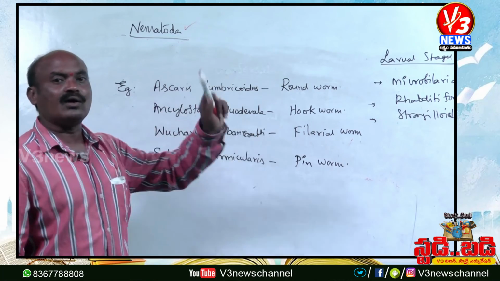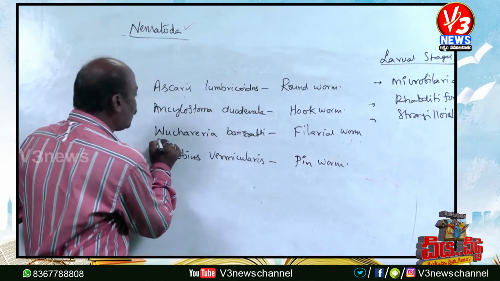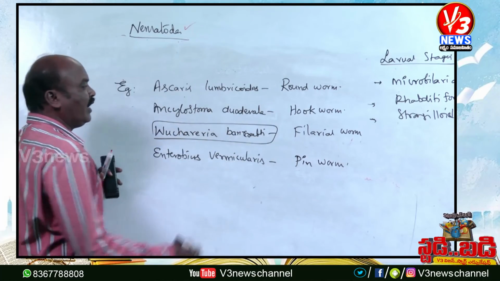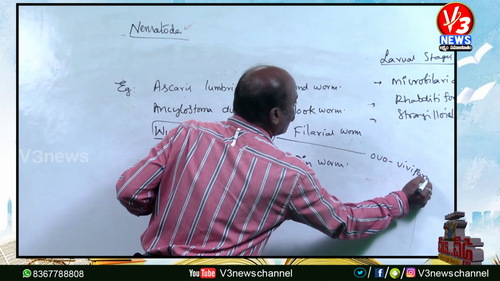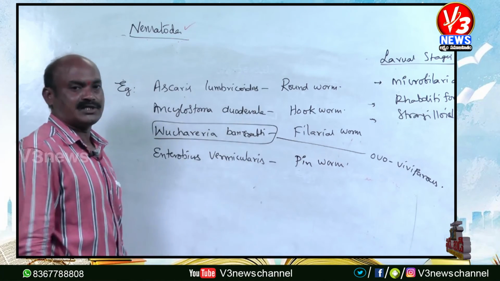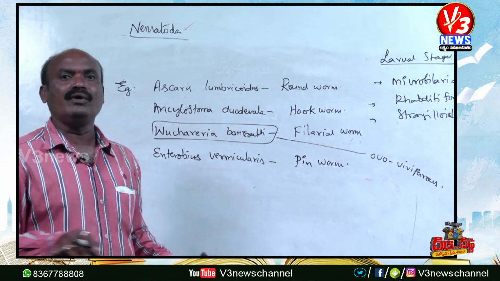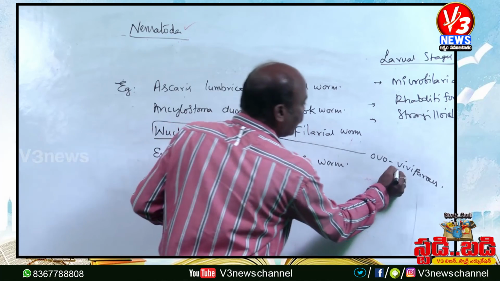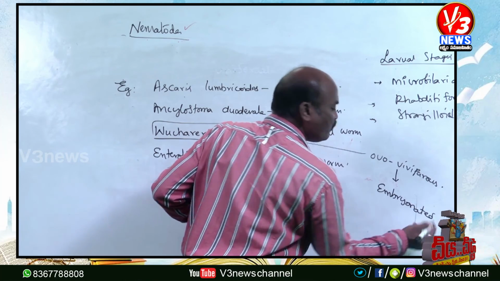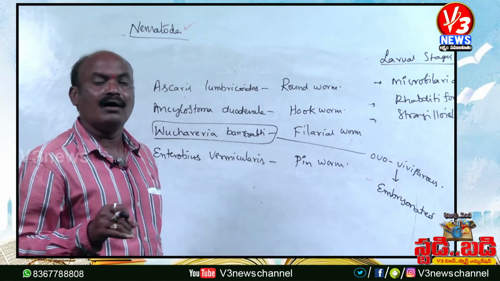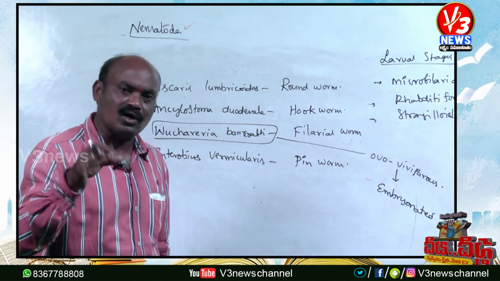And mostly the roundworms are oviparous, but only one nematode, Wuchereria, is ovoviviparous. Ovoviviparity means they lay embryonated eggs. Externally they lay eggs, but inside the egg is the microfilarial larva, one type of larval stage, called the embryo.